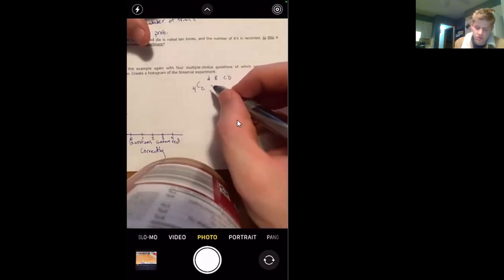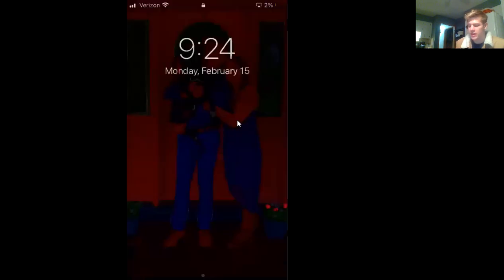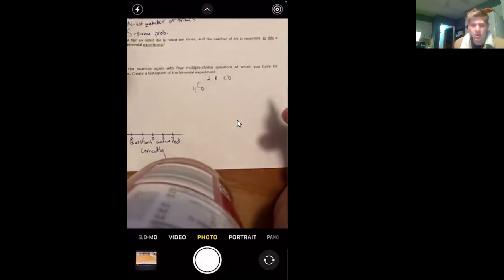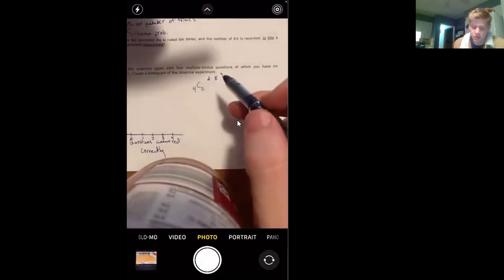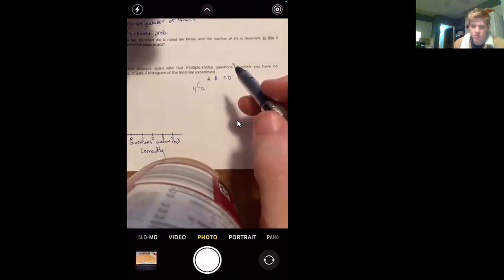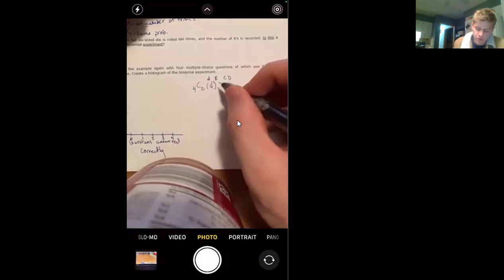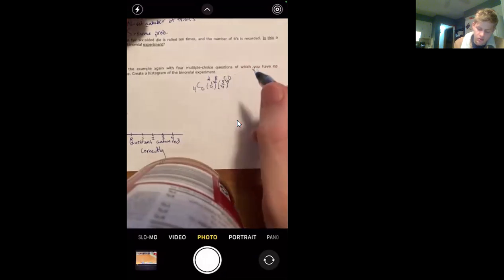So 4 choose 0. Now, what's the probability of success? Well, we only guess once on here, so we only get one bubble to fill in. We got 4 options, so 1 out of 4 is 25%. So you could just say 1 out of 4 if you wanted, and this would be 0. 1 minus 1 out of 4 is 3 out of 4, and this would be 4.